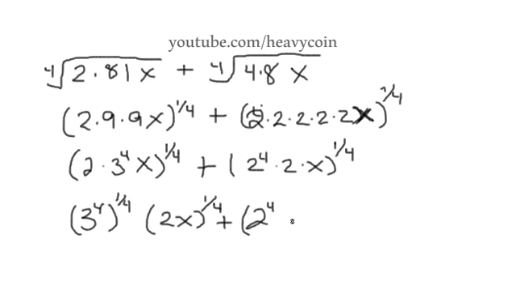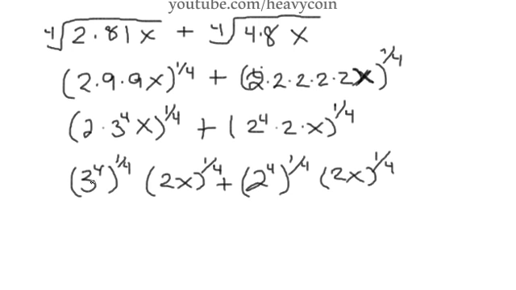Need to add the plus sign there. And a lot of students, that's usually their biggest complaint. So now we have 3 to the 4th, and it's all raised to the 1/4, so you can multiply, so you're going to be left with 3.